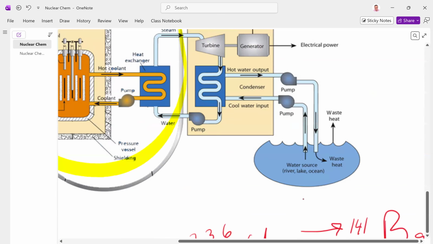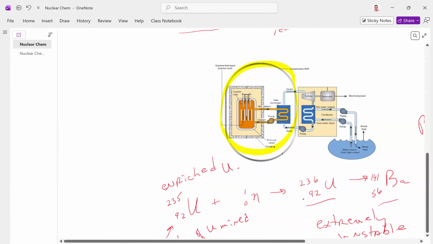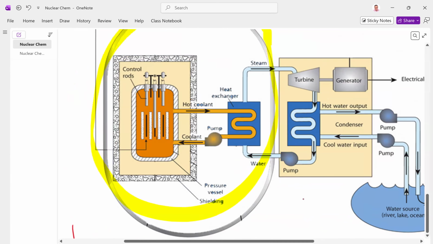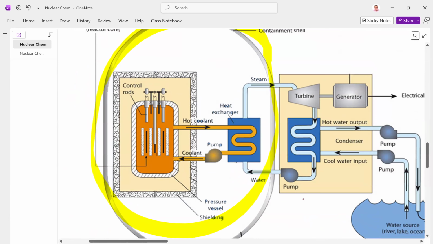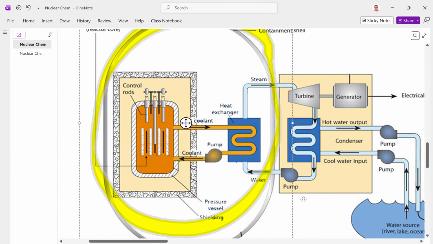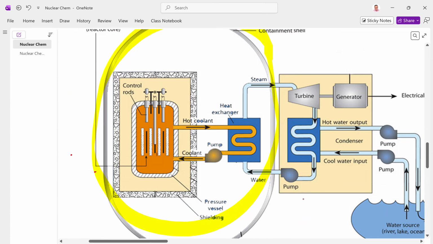Okay, so how does that work? If you look at the reaction, it requires a neutron to start. So the key to controlling this reaction is controlling the number of neutrons available. And that's where the control rods come into play. The control rods go up and down.